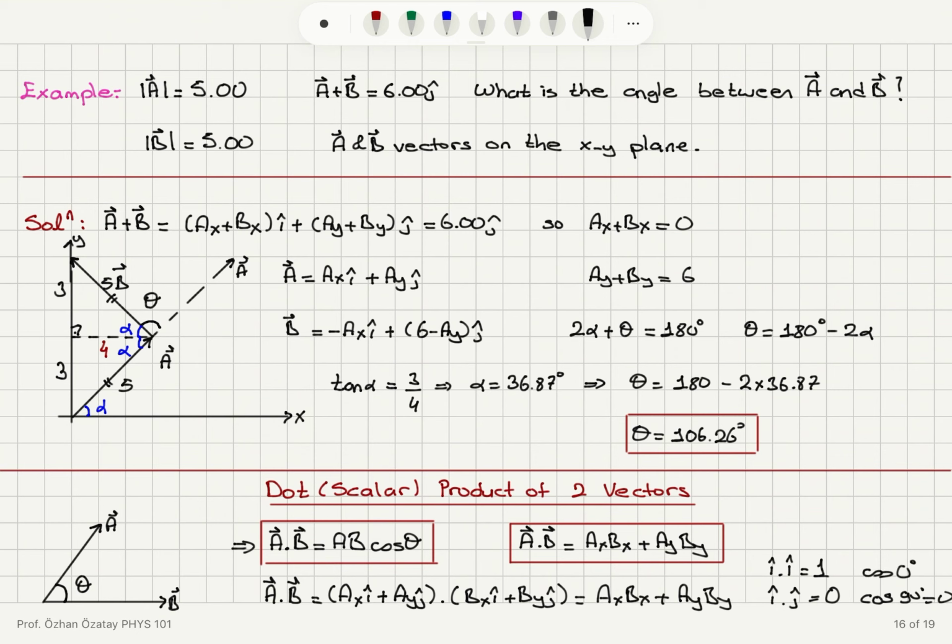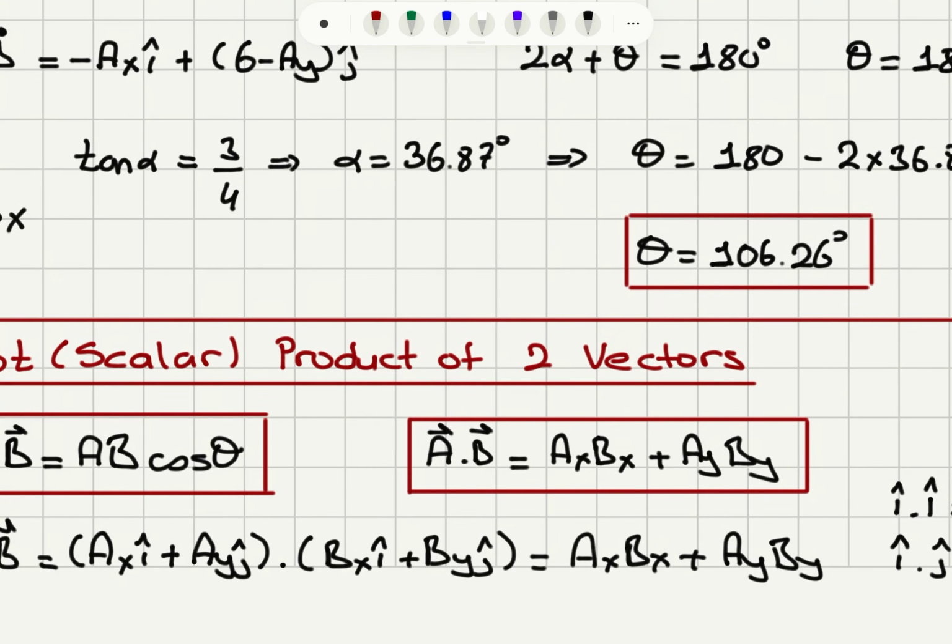But cosine 0 is 1. So we can see that this dot product will give us ax bx for the first one, i hat dot i hat. Ax by, i hat dot j hat, is 0. Ay bx, i hat dot j hat, is 0. And then we will have ay by because j hat dot j hat is 1.